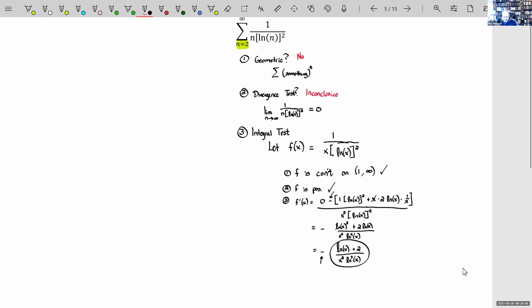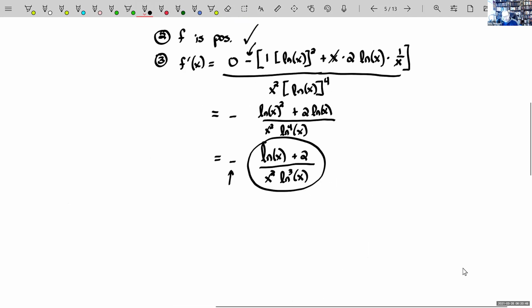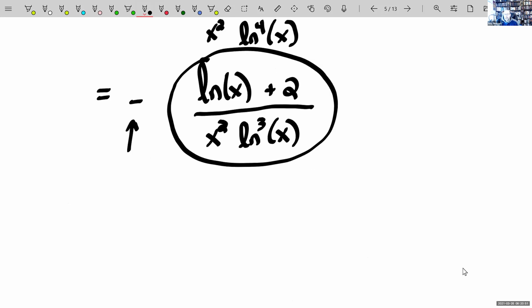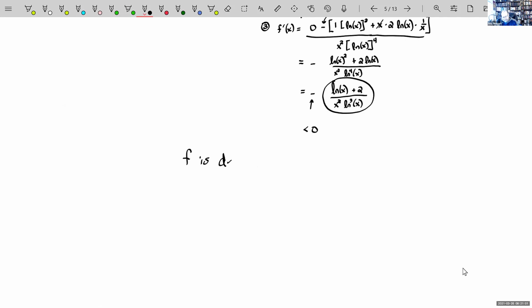All right. So back to the derivative. I hope you can see that this circled expression is going to be positive, but there's a negative in front of it. So this is less than 0. And because that's less than 0, that means that f is decreasing, because that's the derivative of f.